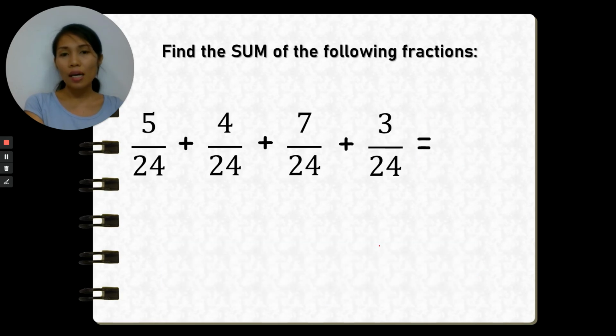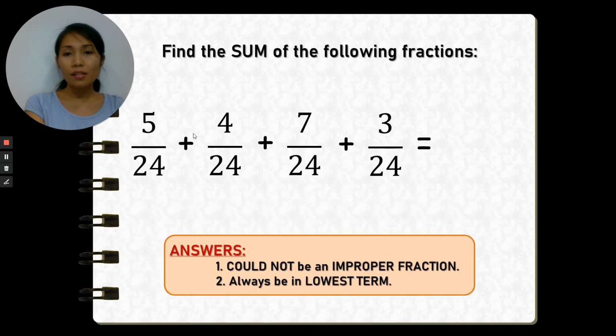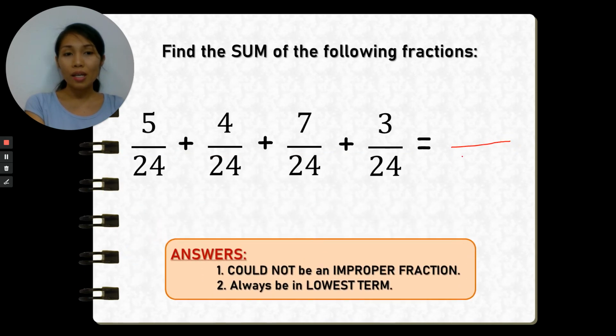Now let's try this. Okay, in here we have 4 fractions, but they are all like fractions. So let's see if we can do this. The denominator is 24 because you see the denominator is 24 over here.